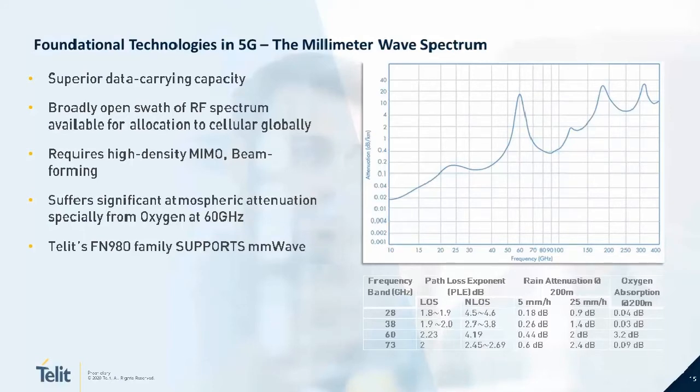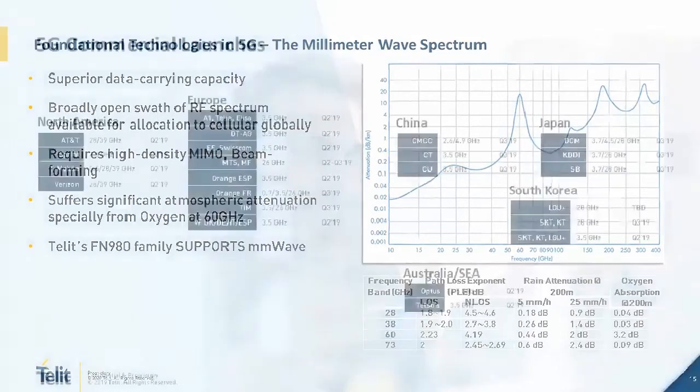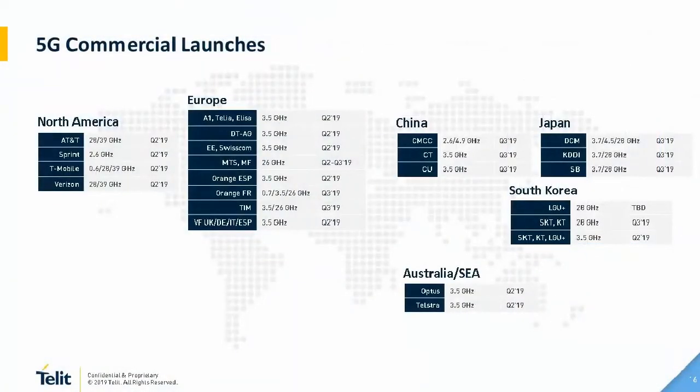So the attenuation is even highest. So essentially, it's good to know that millimeter wave has all of the good qualities of carrying high speed data, but it comes with the challenges of basically not being able to travel very far, and also if it's not a line of sight, then you need to have a very short distance where it works great.